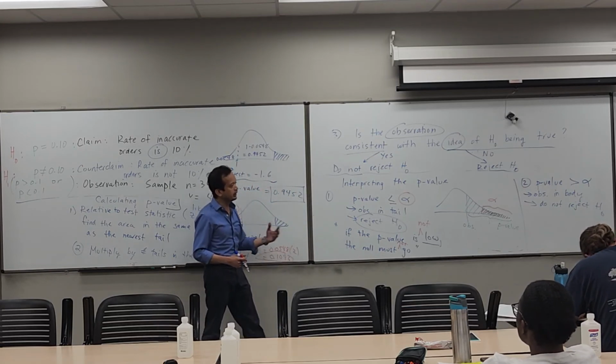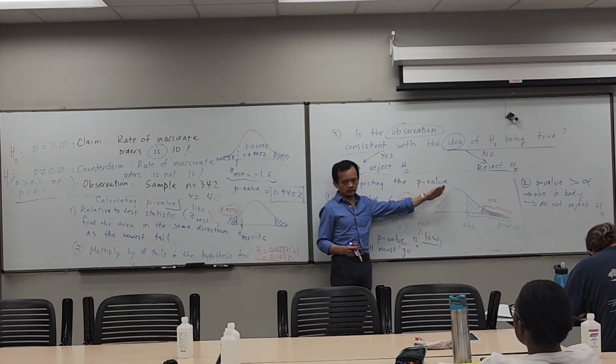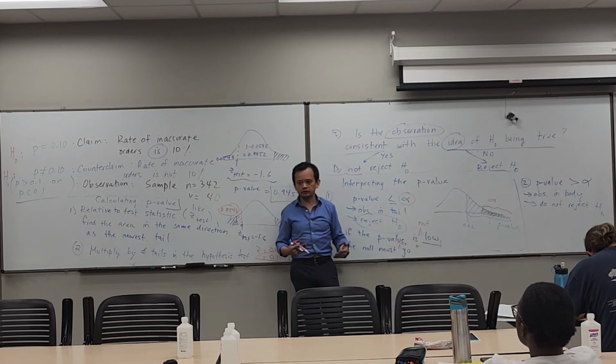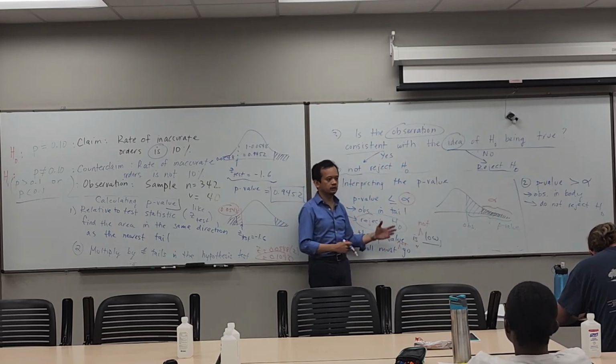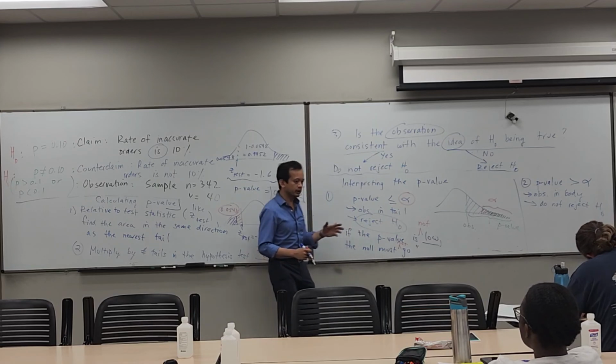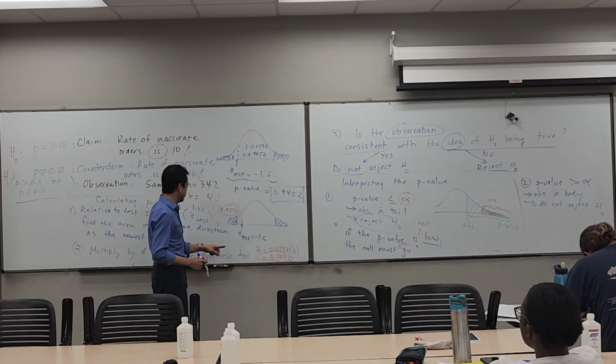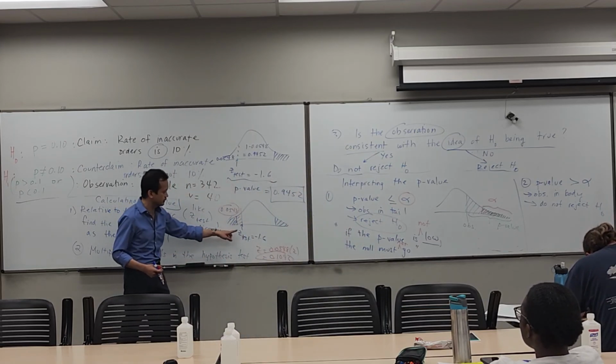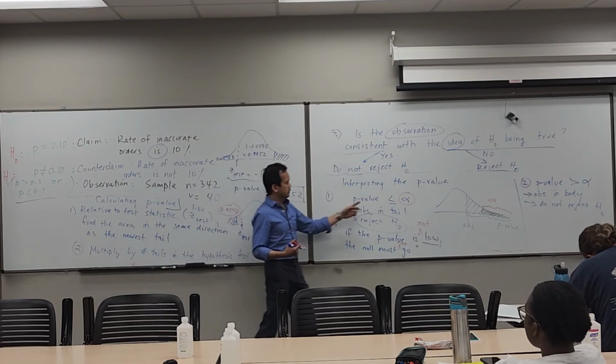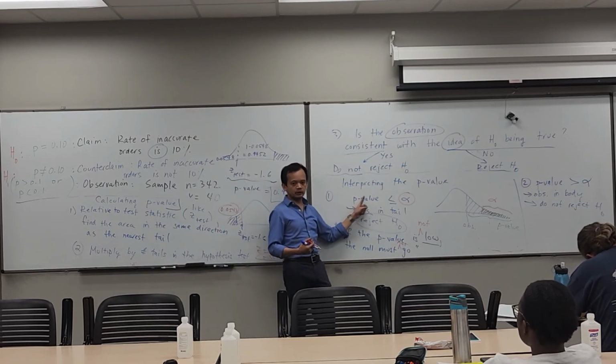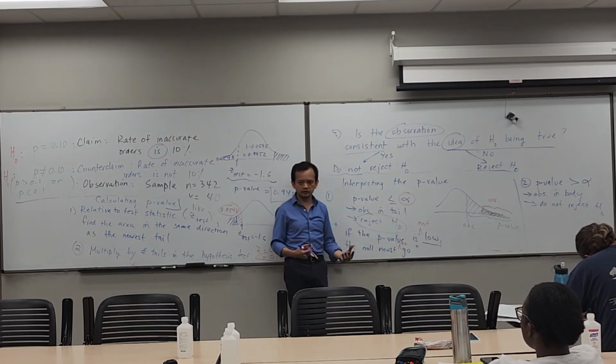This is why the p-value ends up being the de facto standard for how people make a conclusion with hypothesis testing. In real life, people don't compare z-test to z-critical. People give you the p-value, and you compare to alpha to make the conclusion.